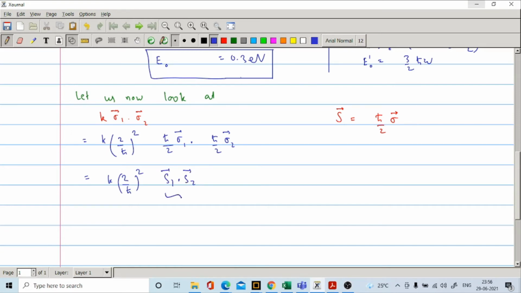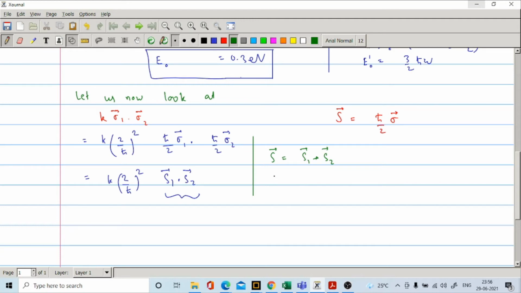Now let us find what this quantity is. To find that quantity, let us look at this. The total spin S will be nothing but S1 plus S2. We are given that the total spin is 0, which means the eigenvalue of the total spin is 0.